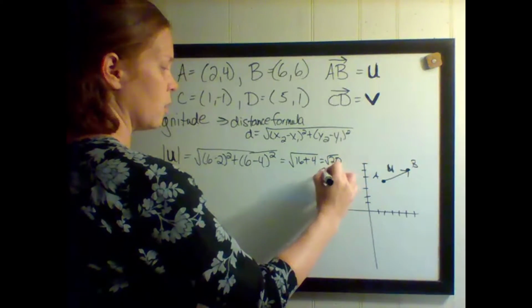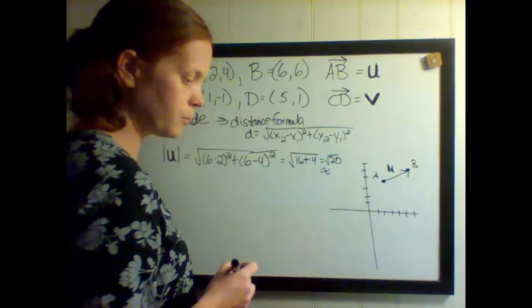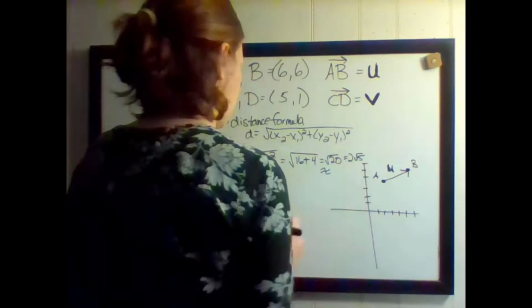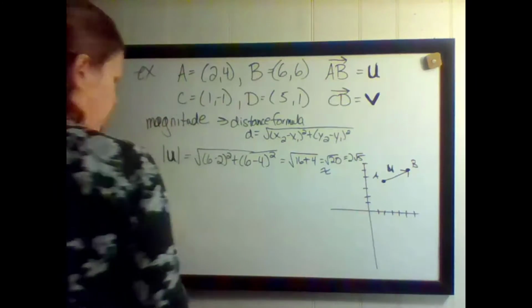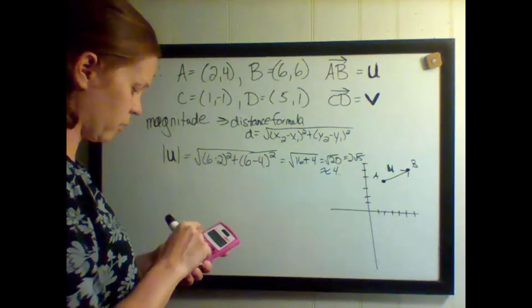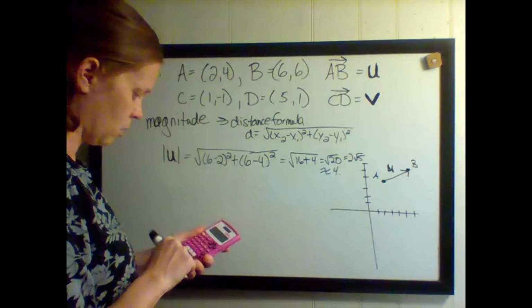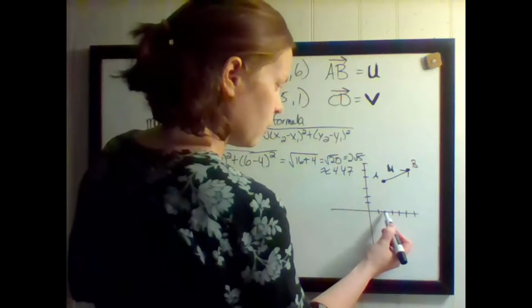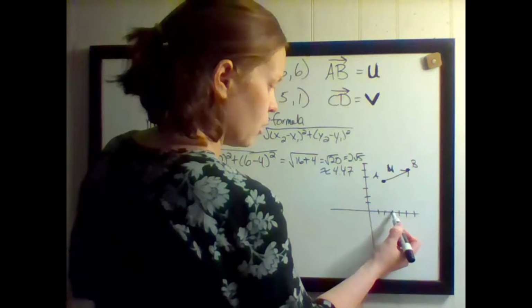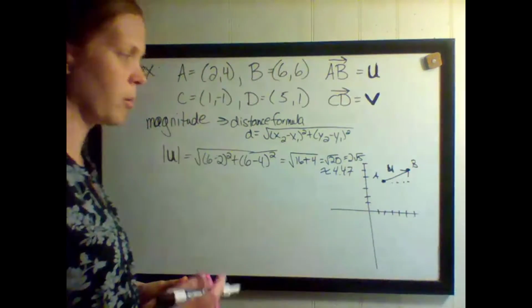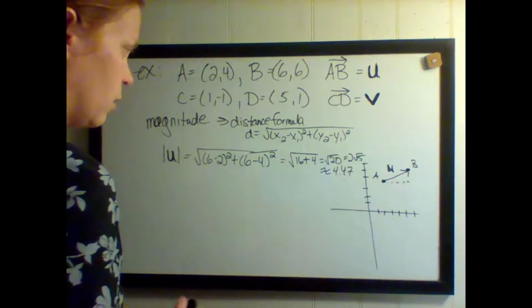The square root of 20, which is 2 root 5, is approximately 4.47. From here to here, 1, 2, 3, 4, the horizontal distance is 4, so it makes sense that it'd be a little bit more than that.